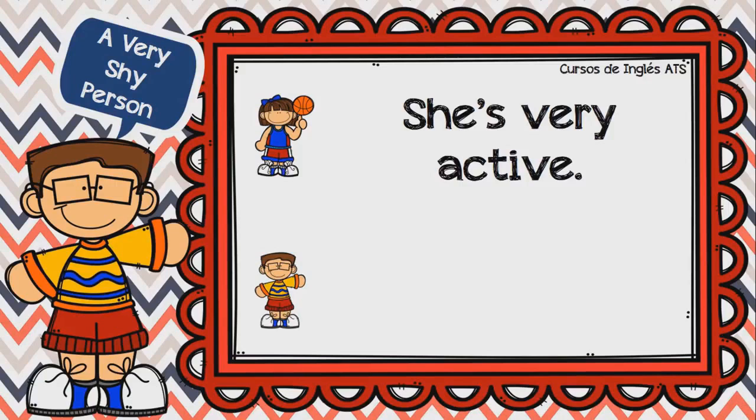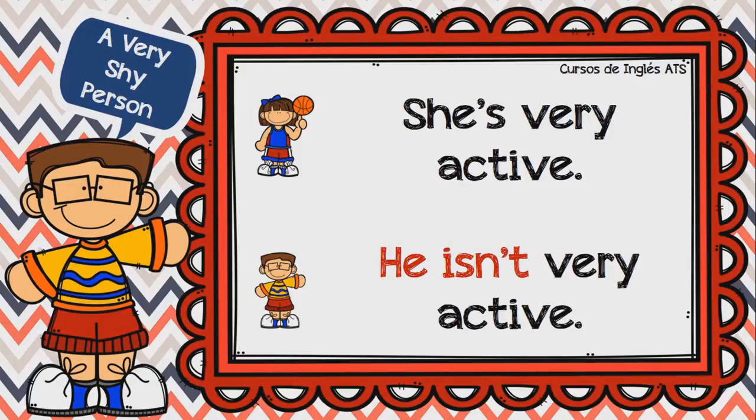She's very active. Use this affirmative sentence in the negative form to describe Sheldon. Ahora tienes que usar la forma negativa de esta oración para describir a Sheldon. He isn't very active. Very good.